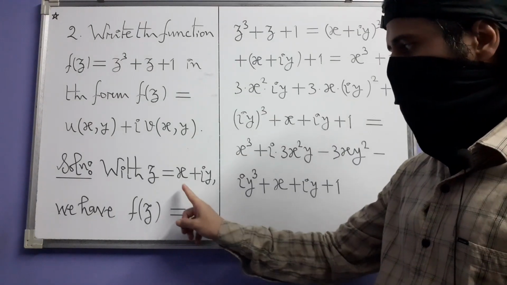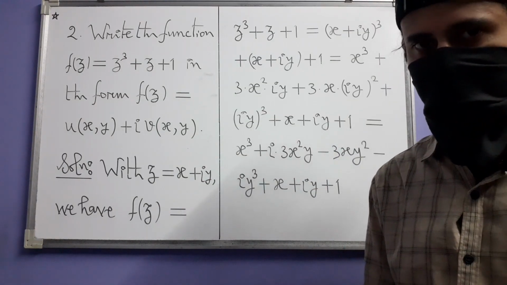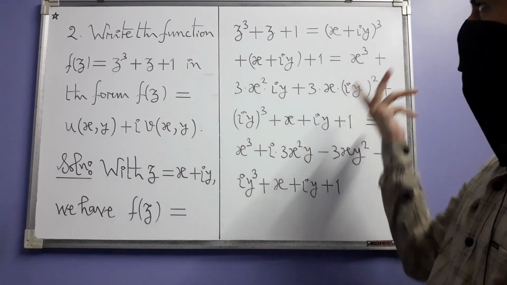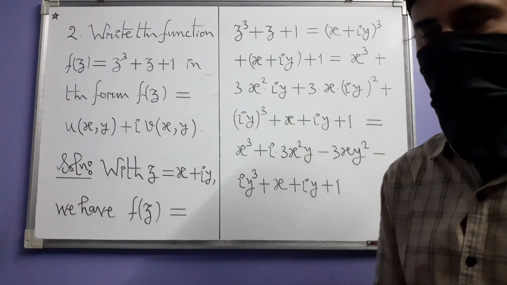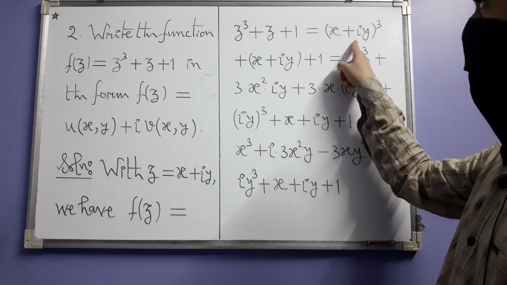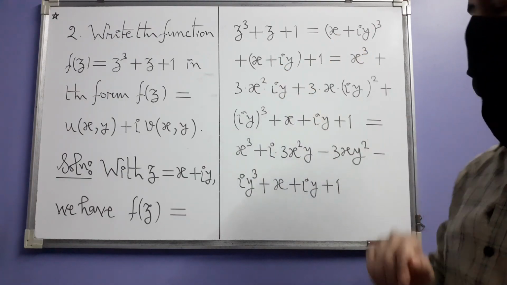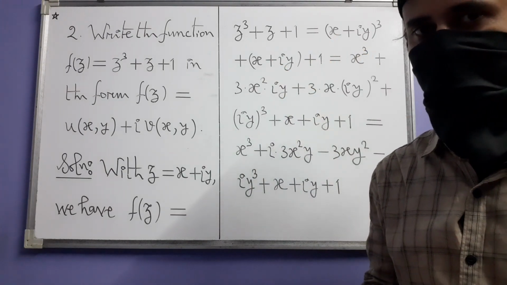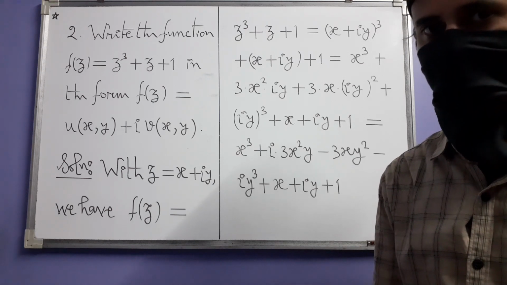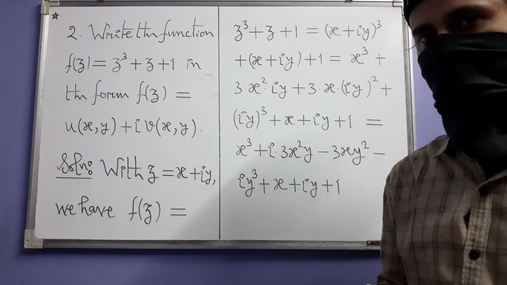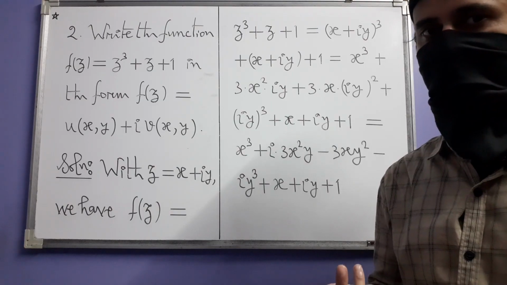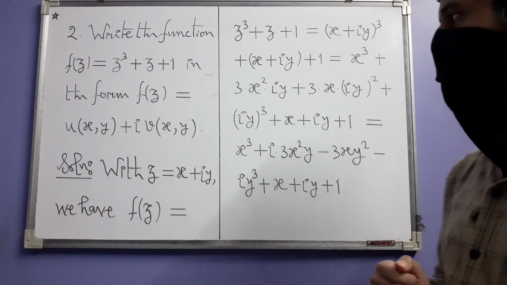So with z equal to x plus iy, we just substitute z with x plus iy in this polynomial. So the cube of x plus iy, plus x plus iy, plus 1. And then we expand the cube using our usual binomial theorem, which works in the system of complex numbers just like it works in the system of real numbers.